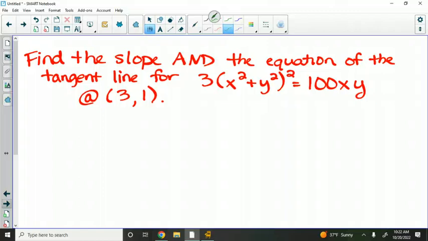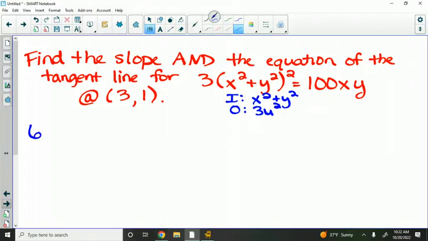So on the left-hand side, this is overall a chain. And so if this helps, the inner part is x squared plus y squared. The outer part is 3u squared. So when we go to derive this, derive the outer part first.